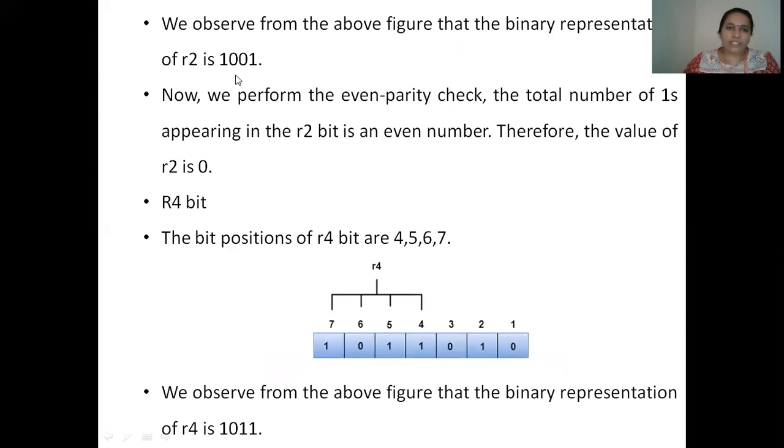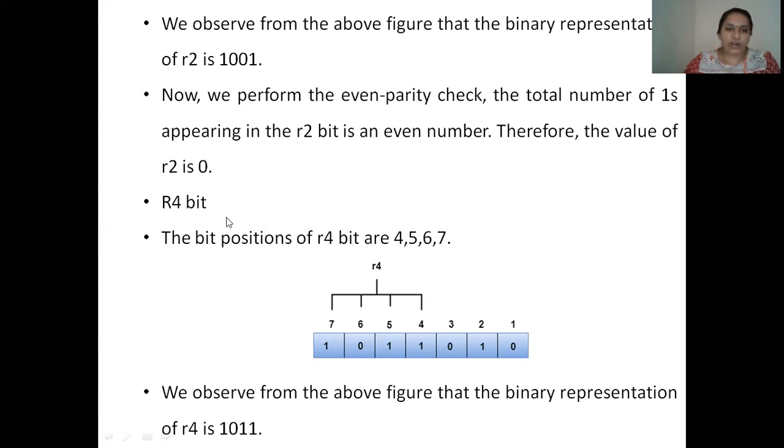When we check even parity for this, the total number of ones appearing is even, that is 2 ones are present. Therefore, the value of R2 bit is 0. Since R2 is 0, there is no error in the R2 bit.